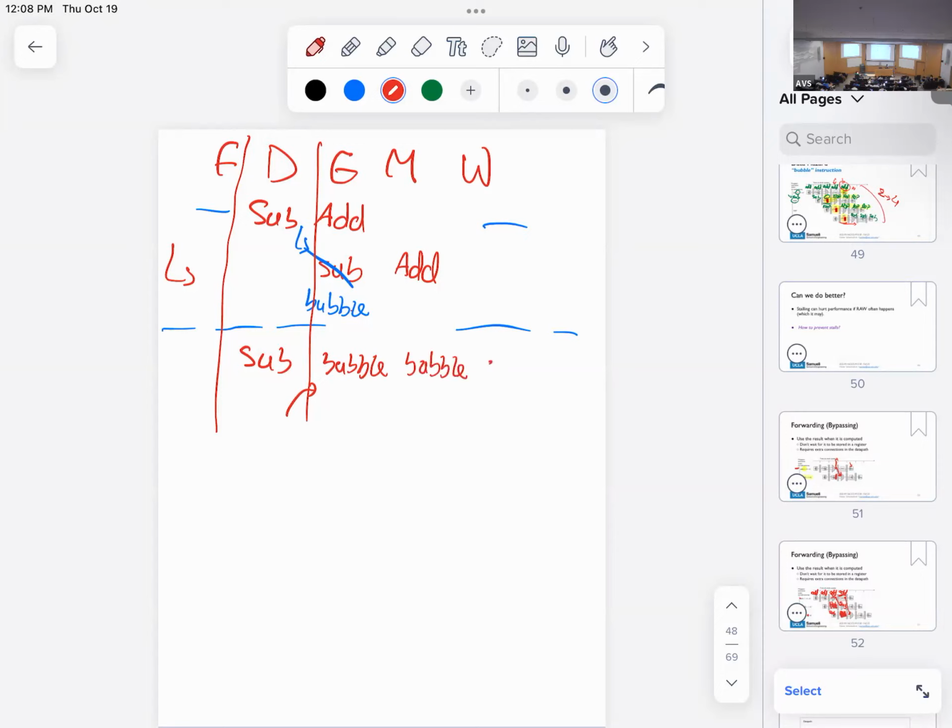And now this add goes into the write back stage. And now in this cycle, we can let that sub go. So in the next cycle, what we will see is the sub now goes to the execution stage, right? And then the rest of the story. So we're stalling the processor for 2 cycles. Instead of moving the sub into the later stages of the pipeline, we're substituting it with these 2 bubbles, okay?